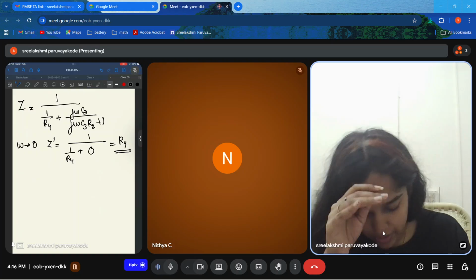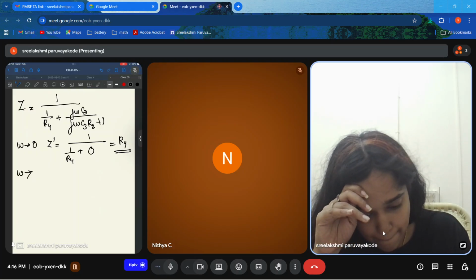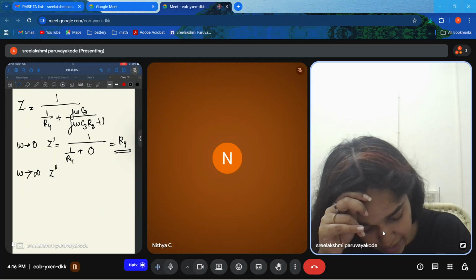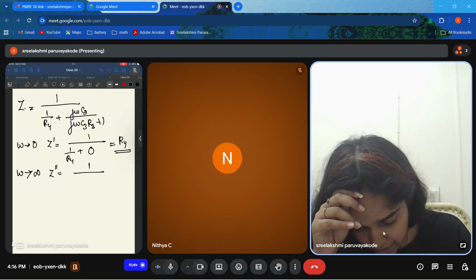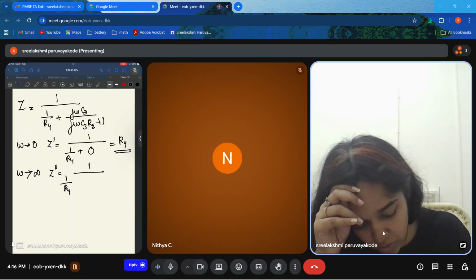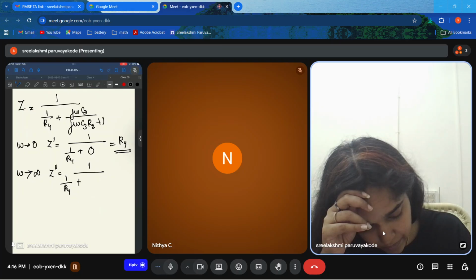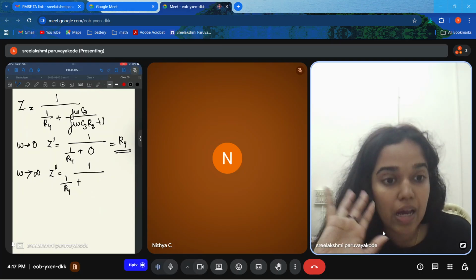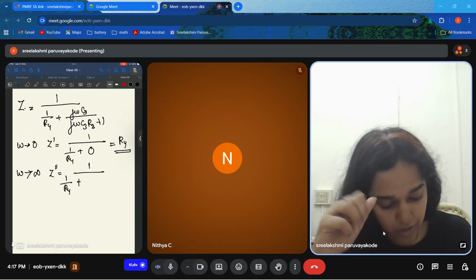This is for your understanding presently. Same way, when omega tends to infinity, Z double dash becomes 1 by R4, because R doesn't have an effect from the frequency.